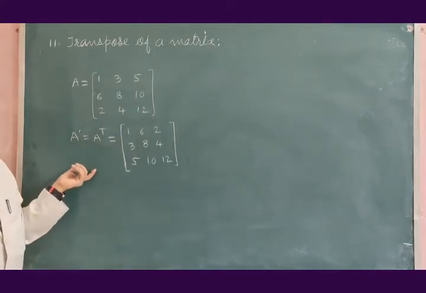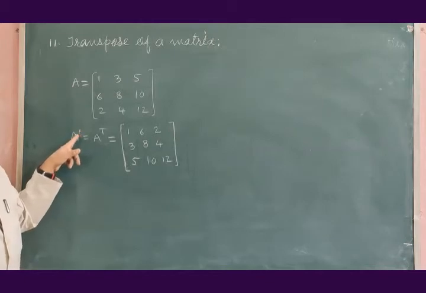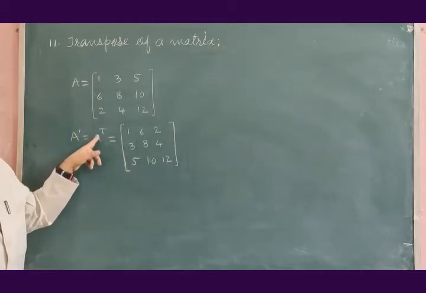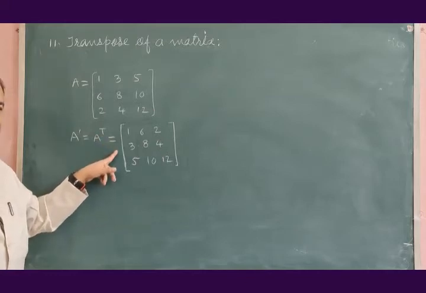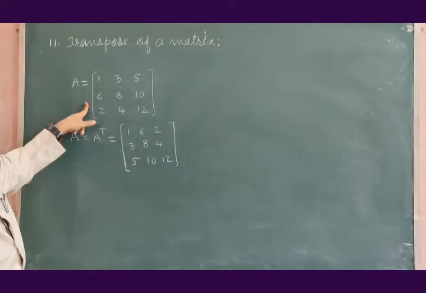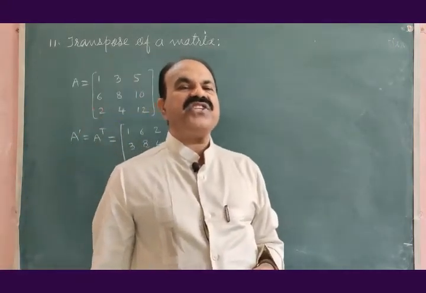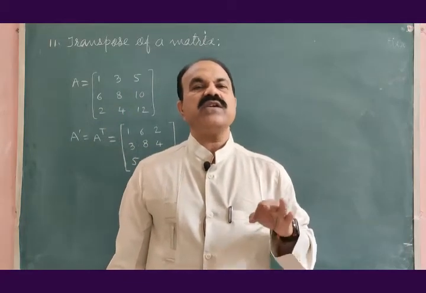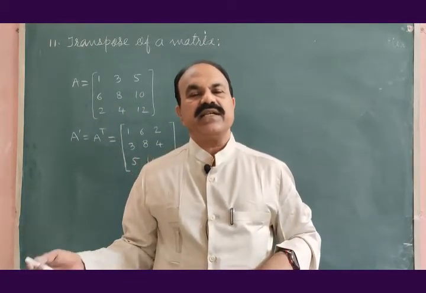The matrix so obtained is represented by A dash or A prime or A T, meaning that this matrix is transpose of this matrix.